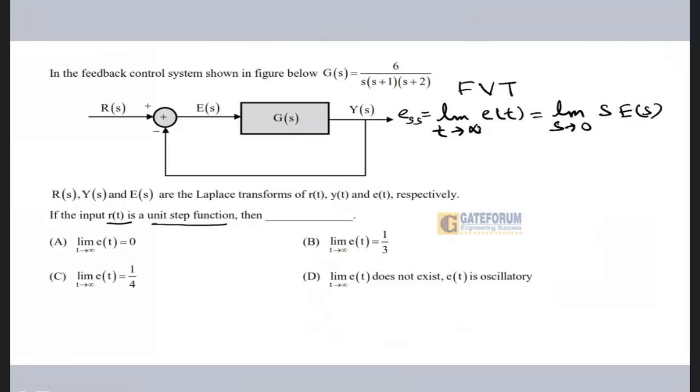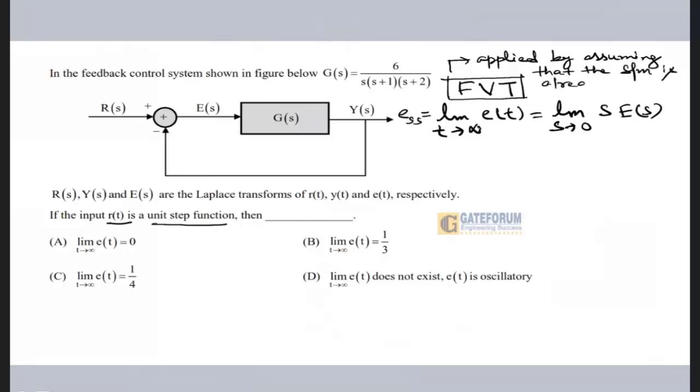But we can apply this final value theorem only by assuming that the system is already stable.